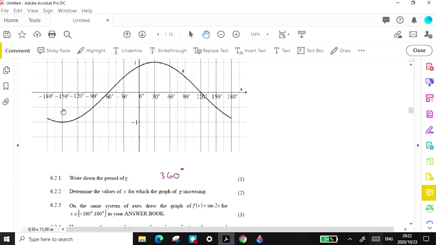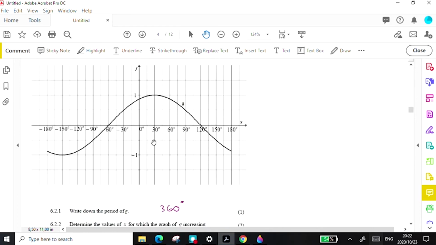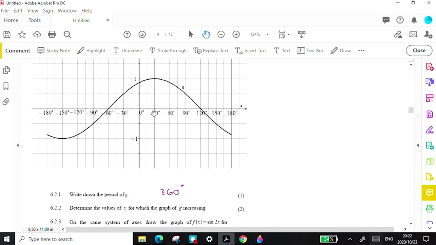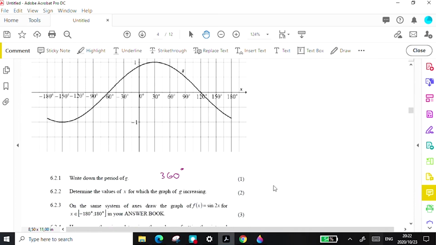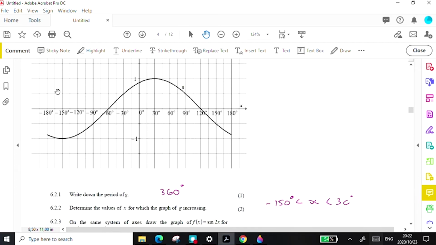So it is increasing for the values of x between minus 150 and 30 degrees. We have to exclude the lower and the upper bound, since at minus 150 our function is stationary, and at 30 our function is stationary. It is neither increasing nor decreasing.